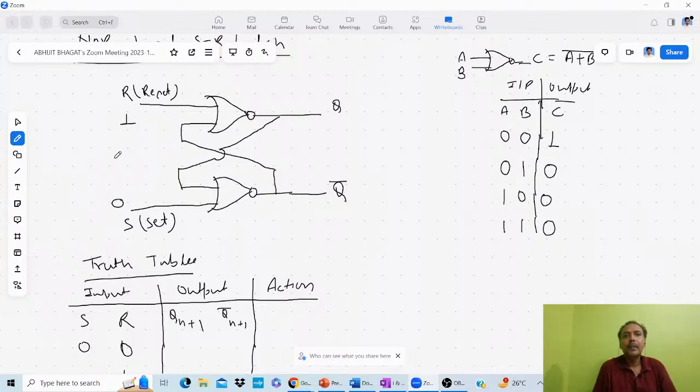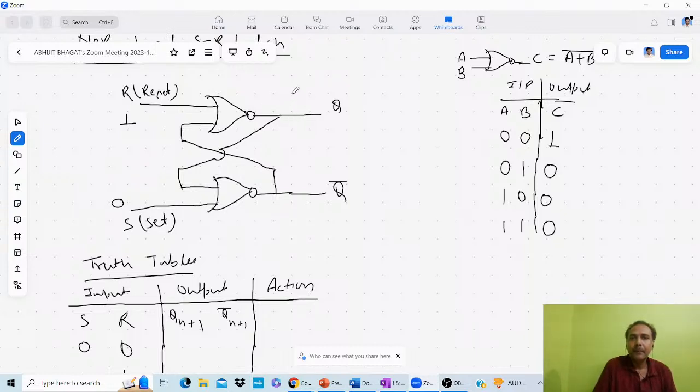In that case, when any one input is 1, any one input of A and B, your output will be 0. Otherwise, your output is 1 only when both inputs are 0. So here R is 1, so you are getting 0.